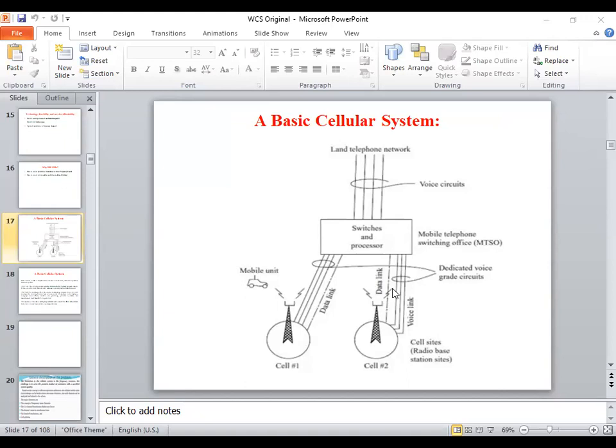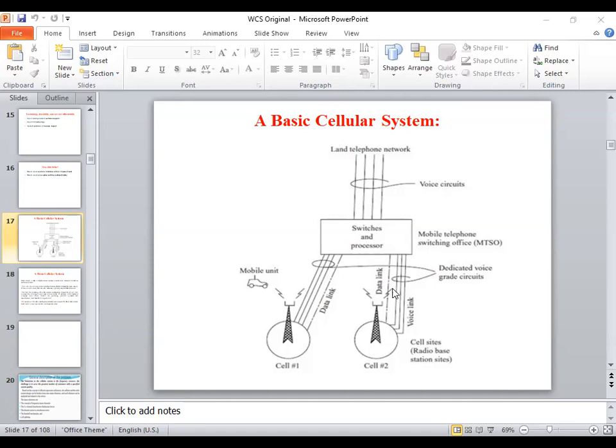As we came to know, the MTSO is the heart of the cellular mobile system. Its processor provides the central coordination and cellular administration. The cellular switch, which you can see in this diagram, can be analog or digital.